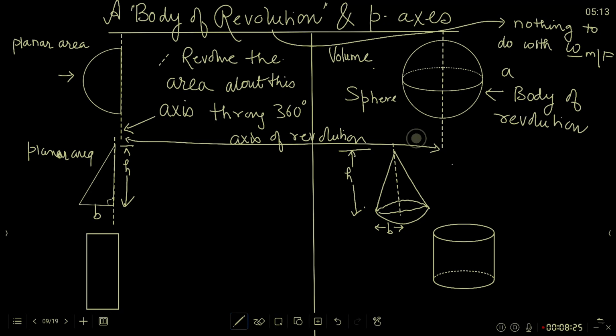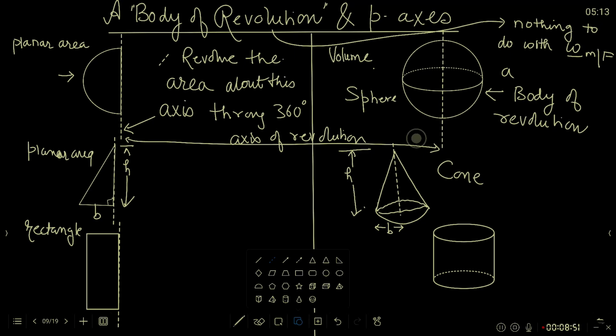What happens if I take a rectangular area, and try to create a body of revolution about this dashed axis? What will that give me? That will give me a circular cylinder I am drawing here.